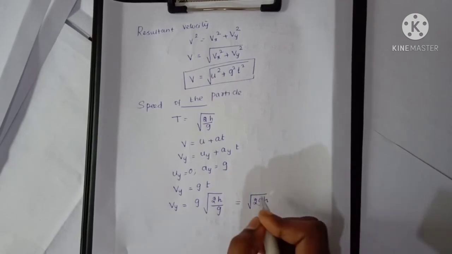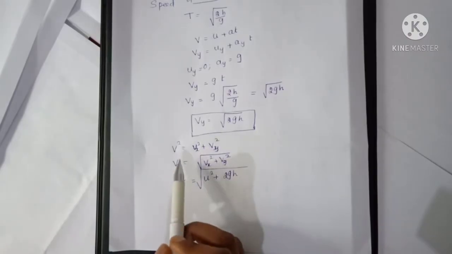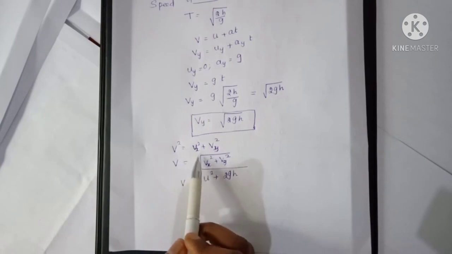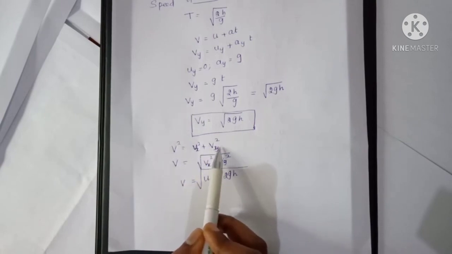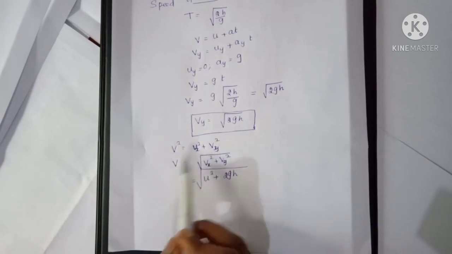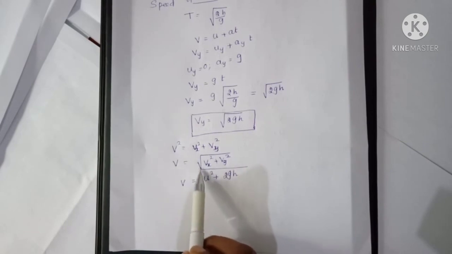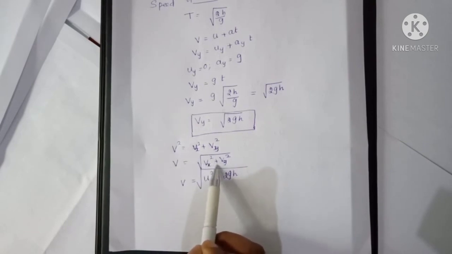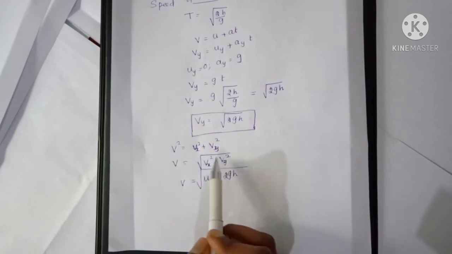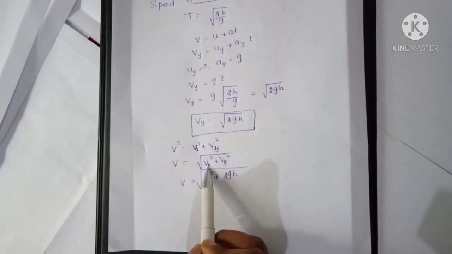So you simplify this equation, you will get square root of 2gh, right? Now v square is equal to vx square plus vy square. From this we can find v is equal to square root of vx square plus vy square, and substitute these values of vx and vy.